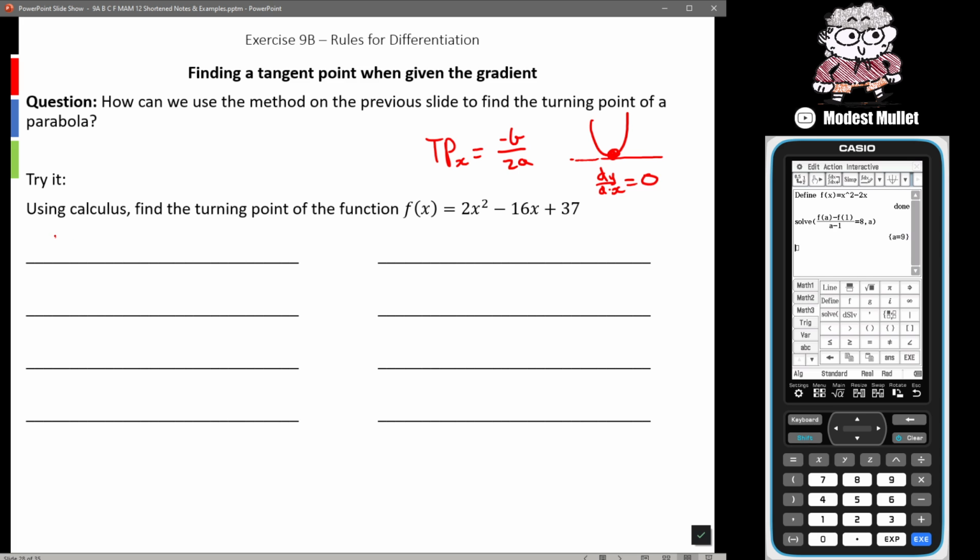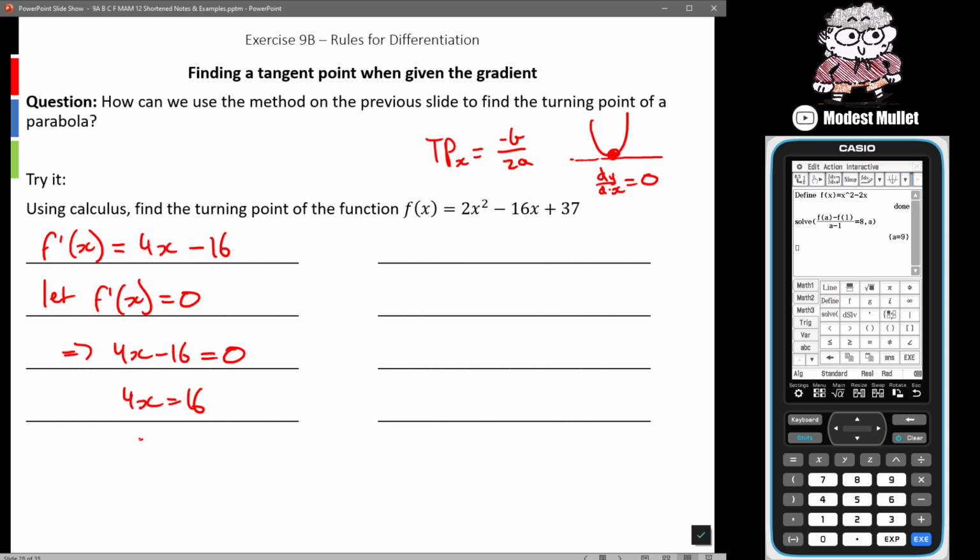So we're given an f of x, so we want to find f dash of x is equal to 4x minus 16. And we want to let f dash of x equal to 0, because that's what we need the gradient to be at a turning point. So we get 4x minus 16 is equal to 0. 4x is 16, x is equal to 4.